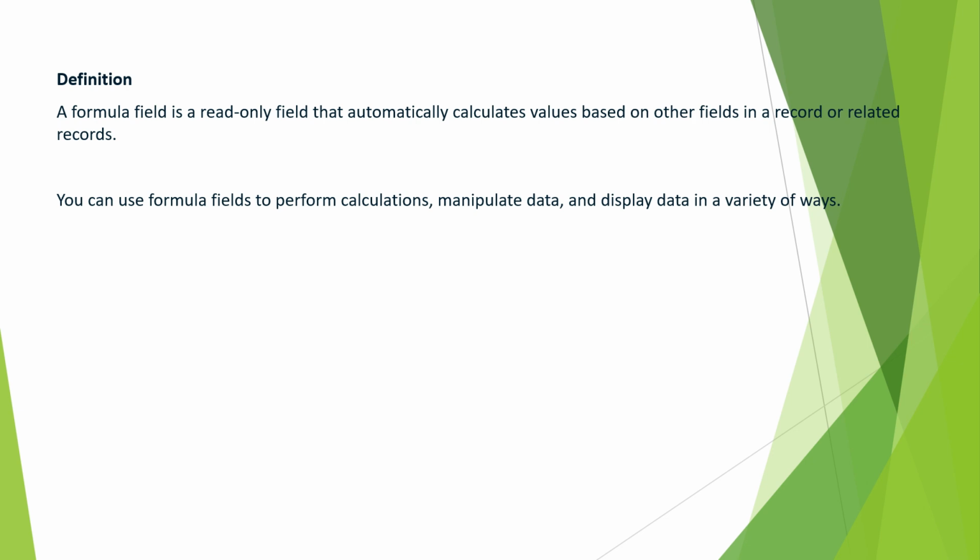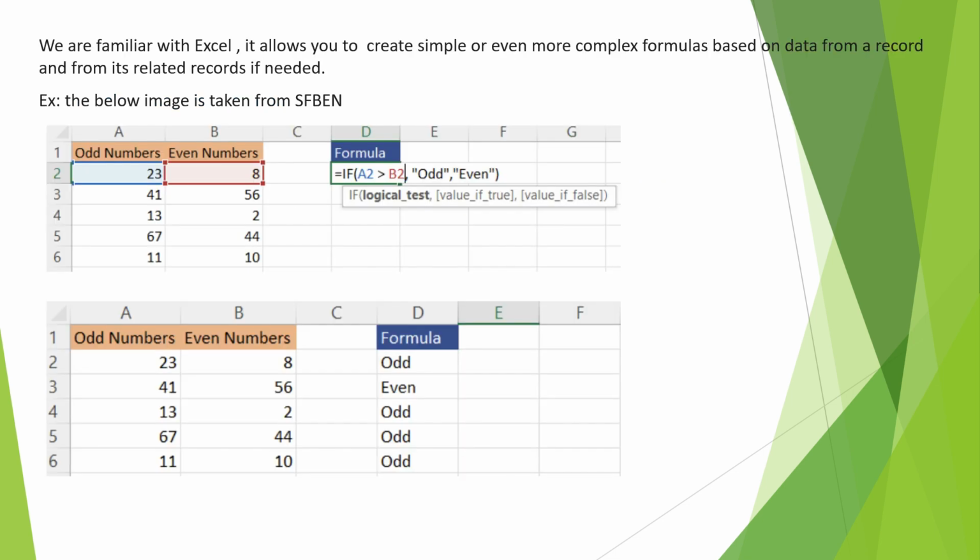To make you easily understand, I will take a general example from Excel. So you can see the image here. We are all familiar with Excel, whether technical or non-technical background. For the purpose of doing any calculations, for playing with numbers, we make use of Excel sheets.